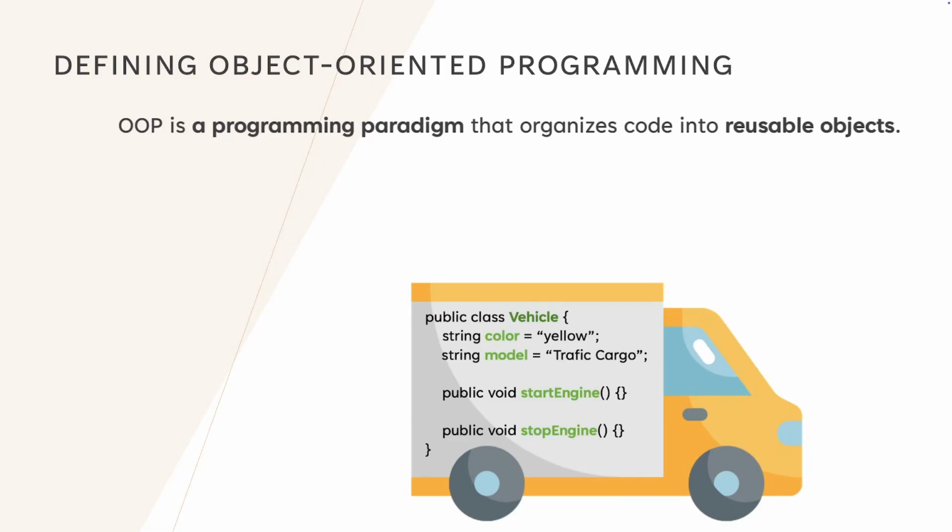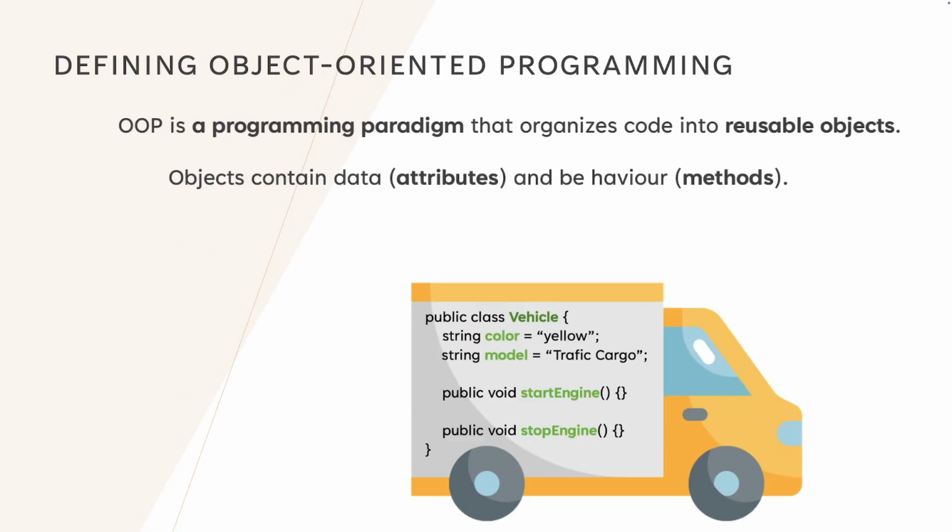At its core, OOP is a programming paradigm that models software using objects. An object represents a real-world entity combining data and behavior. For example, a car can be an object.